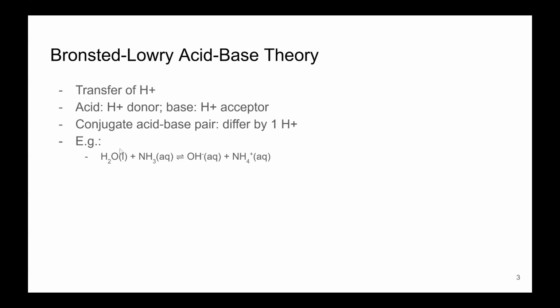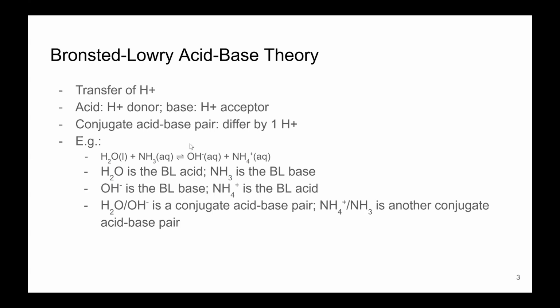The first pair is water and hydroxide, where water is the acid and hydroxide ion is the conjugate base, while ammonium and ammonia is your other conjugate acid-base pair, where ammonia is the conjugate base and the ammonium ion is the conjugate acid.